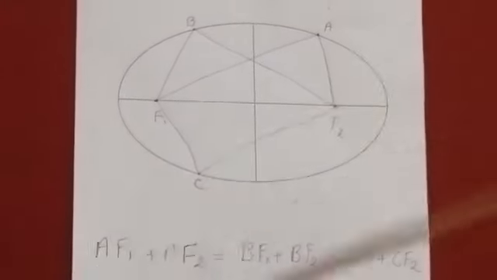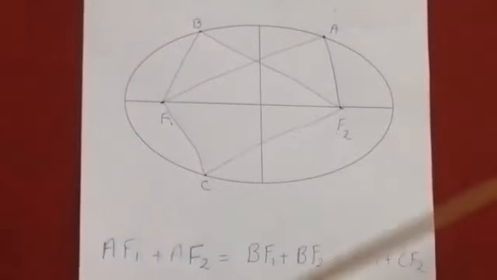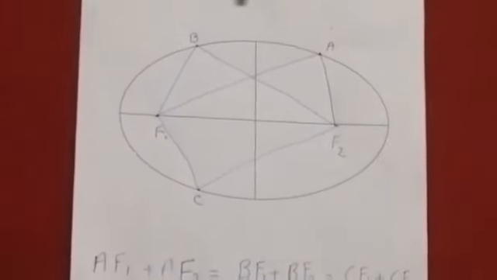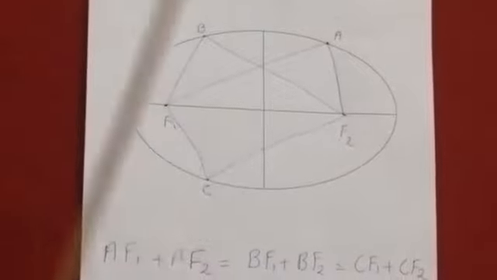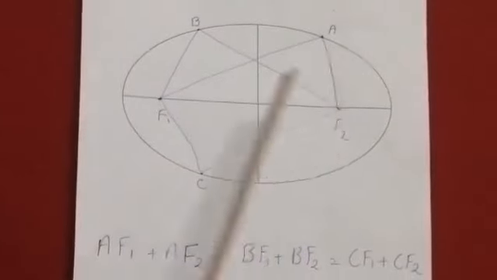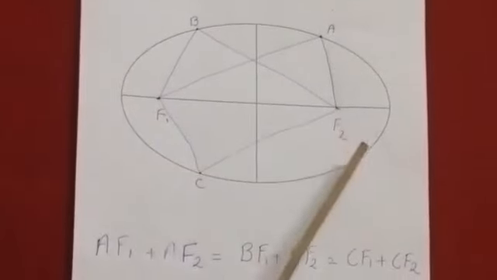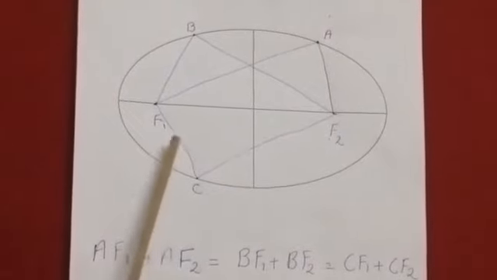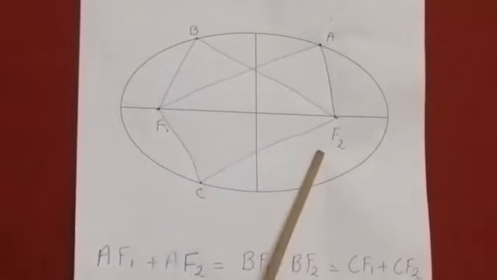If you draw many points, infinite number of points, you will get the same equation. So one more thing I want to tell: in an ellipse we have two focal points, or two foci. Here I have shown F1 and F2.